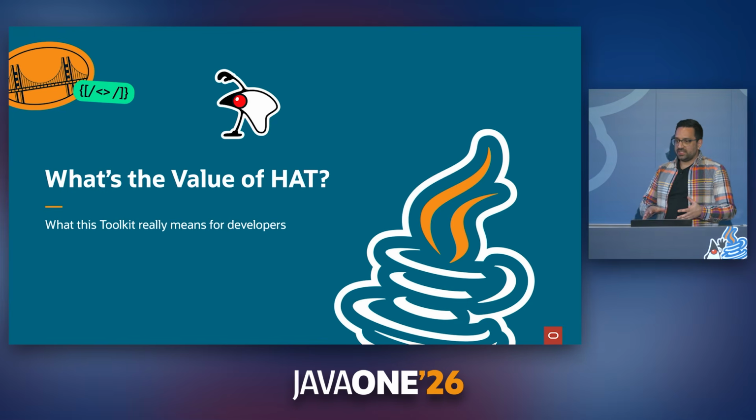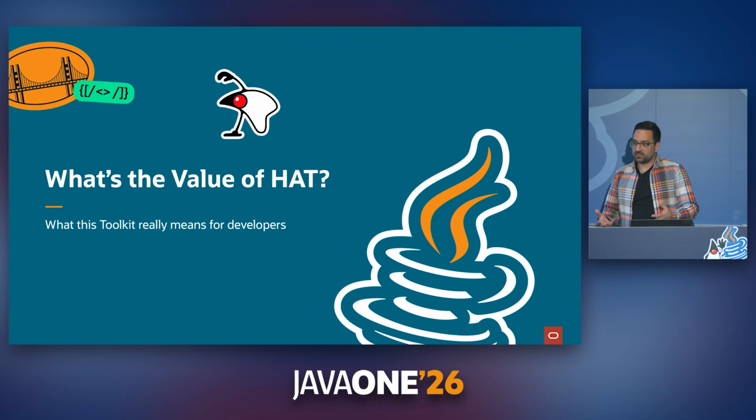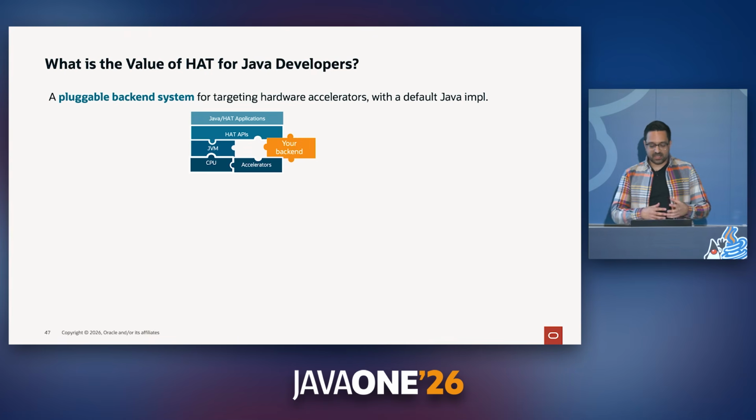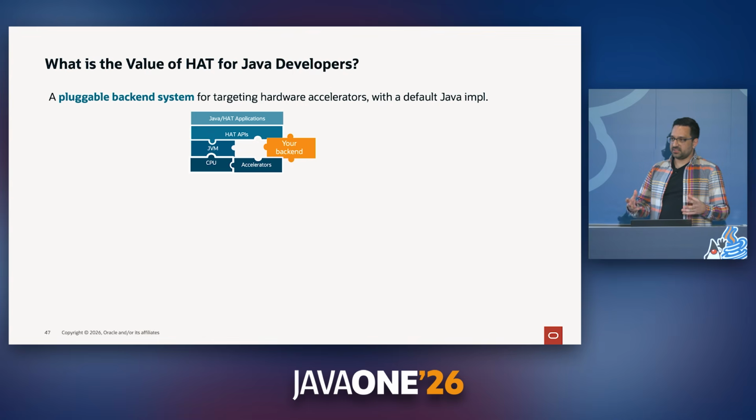So what's the value of HAT for Java developers? What are we offering here? Well, hopefully, a pluggable system to target different accelerators. We want to come up with this toolkit, which is essentially the set of tools that you need to override and extend to have your own backend, right?